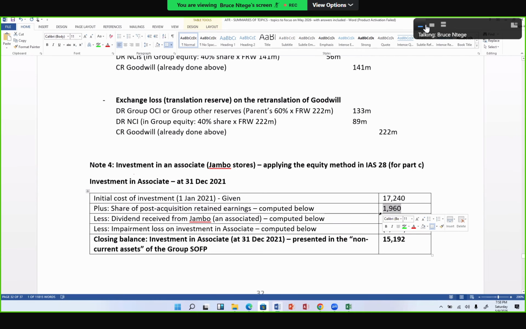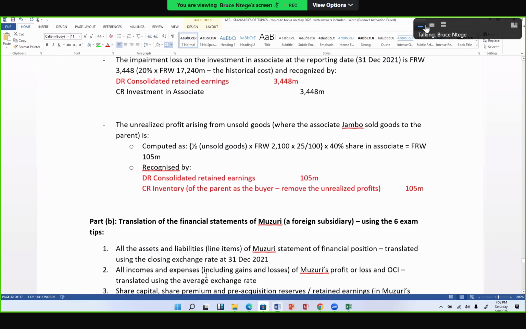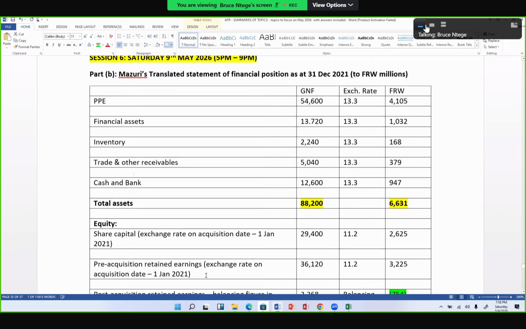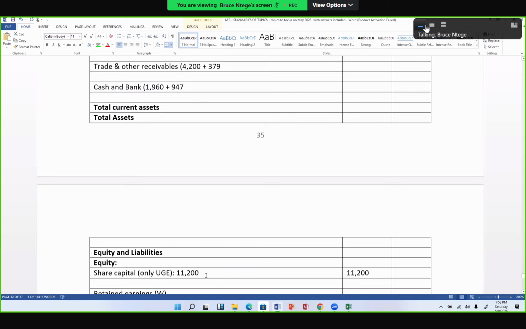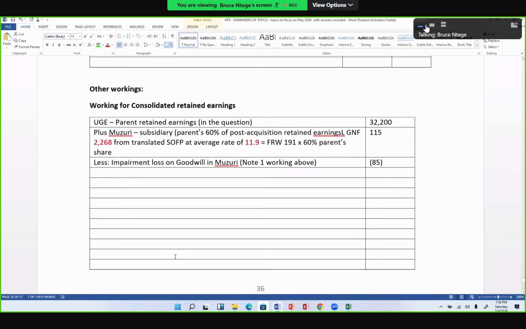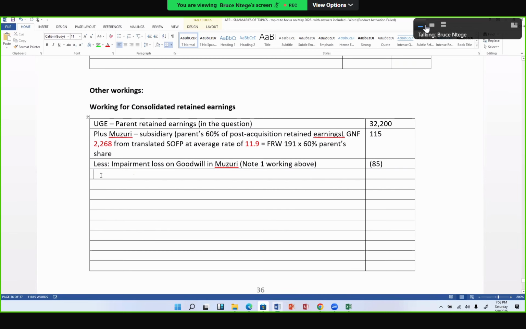So I'll go and pick my retained earnings and say our share of the post-acquisition retained earnings in the associate. So my working down here in the retained earnings, I'll say plus our share, or the parent share, of the post-acquisition retained earnings in the associate.